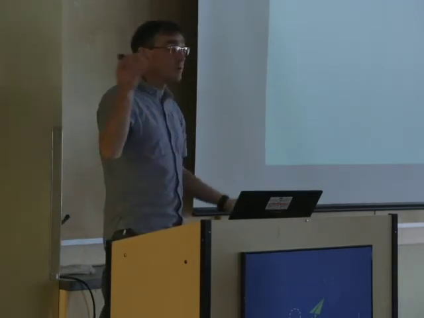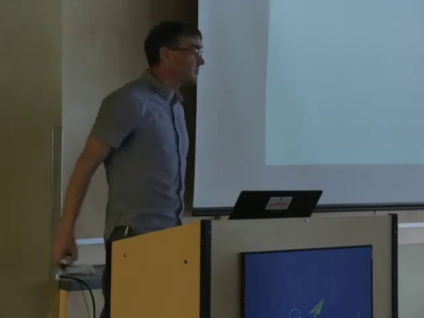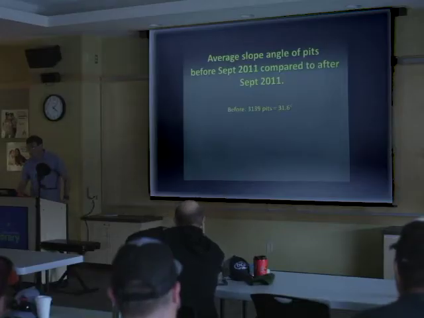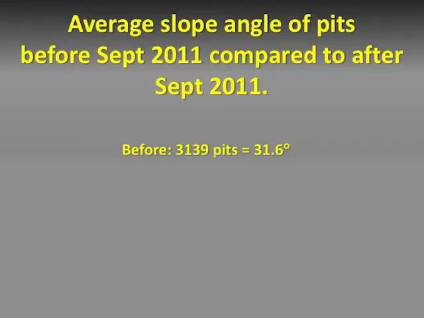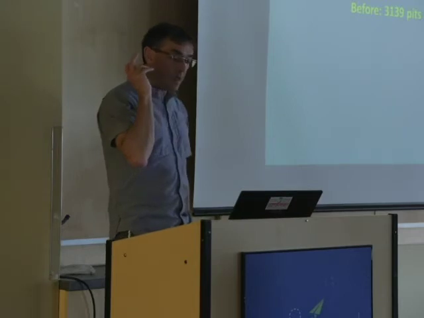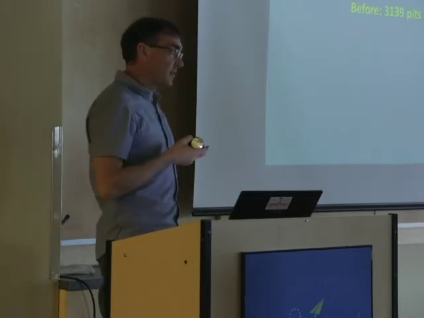So is there a difference between before and after he did this research? The answer is yes. Before 2011, we had 3,100 pits, and the average slope angle was 31.6 degrees. Now, we were only looking at backcountry pits.